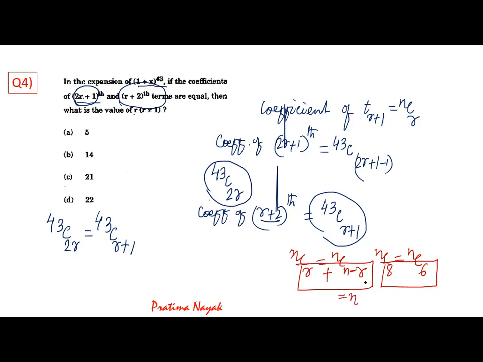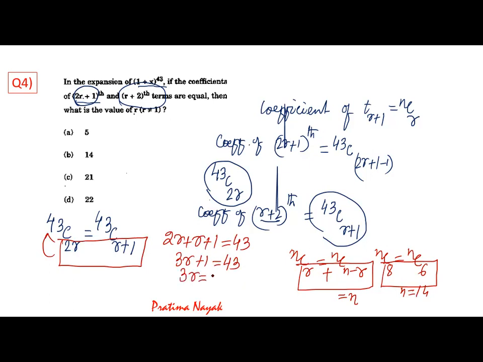So I'll apply this here, where n is equal to 43. The sum of these two is equal to 43. So 2r plus r plus 1 is equal to 43. 3r plus 1 is 43. Then 3r is equal to 42. Then r is equal to 14. B is the answer.